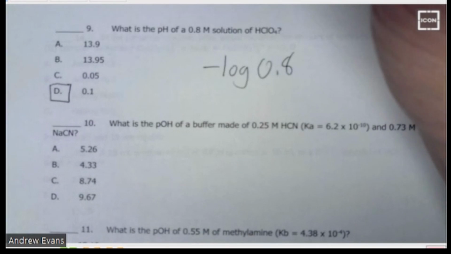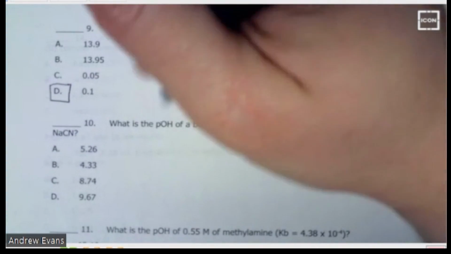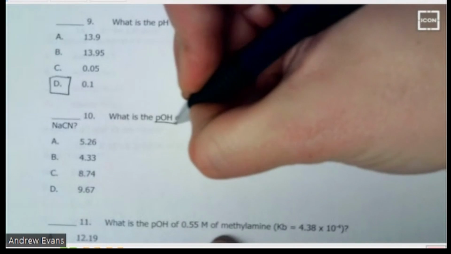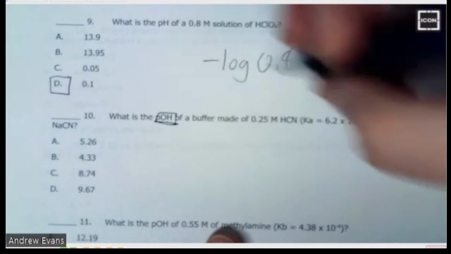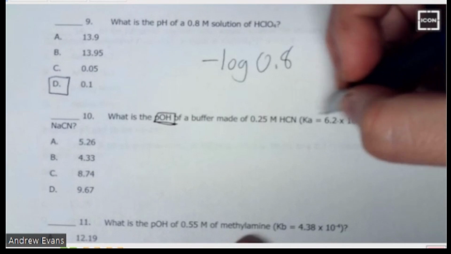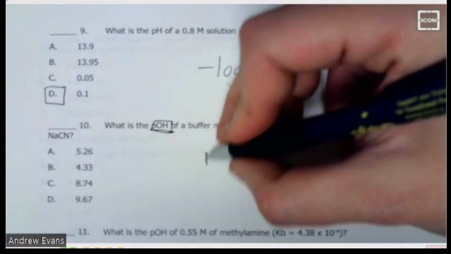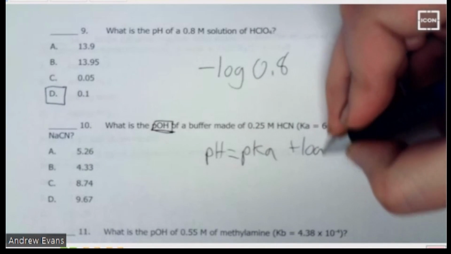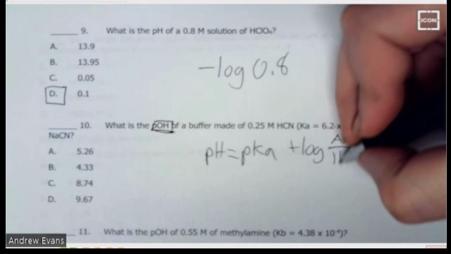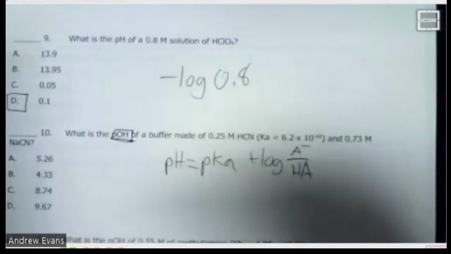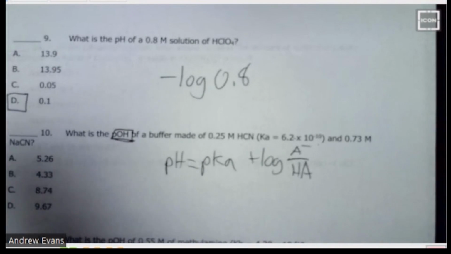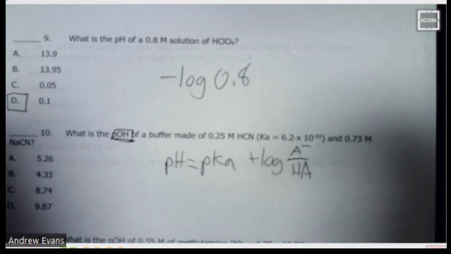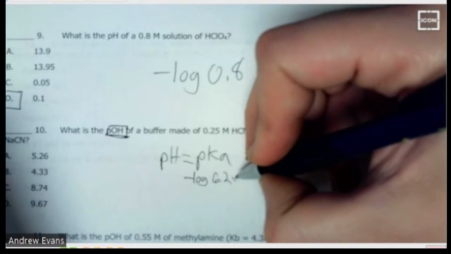Now, what is the pOH of the buffer made from this? So we have a Ka, so the pH equals pKa plus log of A minus over HA. So I'm going to just find the pH and then convert it to pOH. First, what is the pKa? pKa is negative log of 6.2 times 10 to the negative 10th.